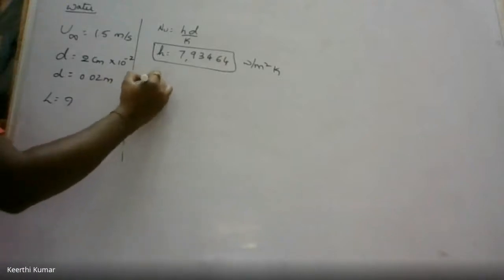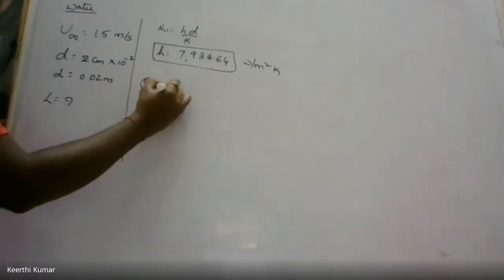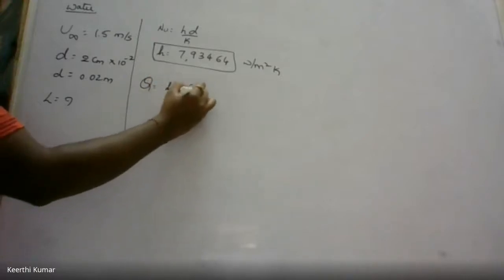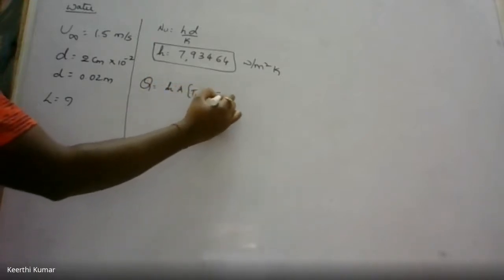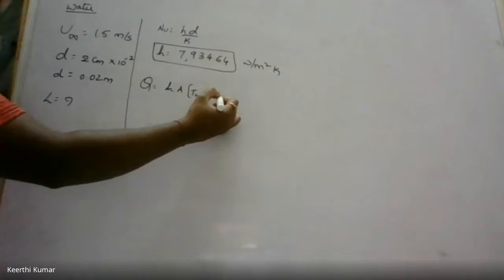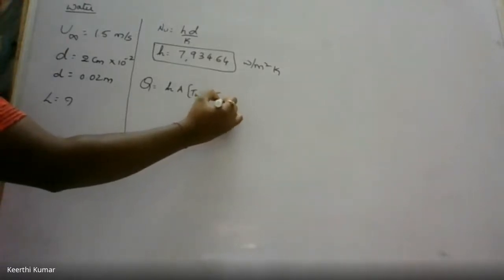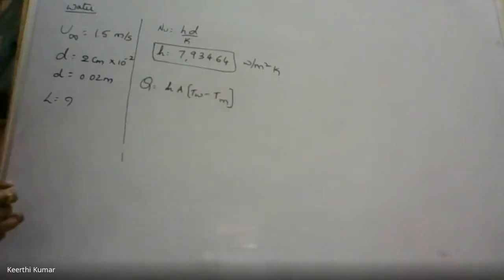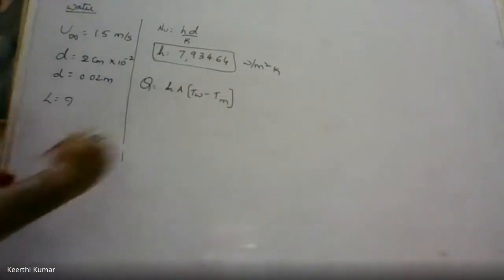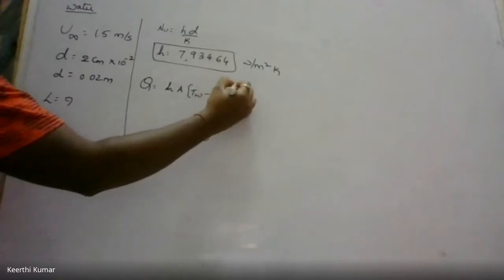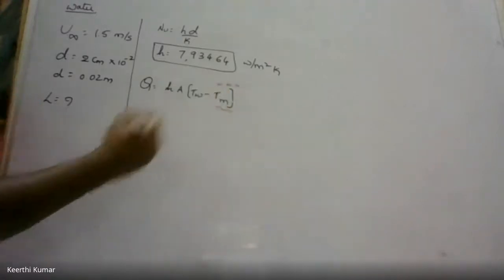Then what we did for Q. Q is equal to hA (T wall minus what we are supposed to take here). We supposed to take T infinity. Now instead of T infinity, we will take Tm. This is the change.